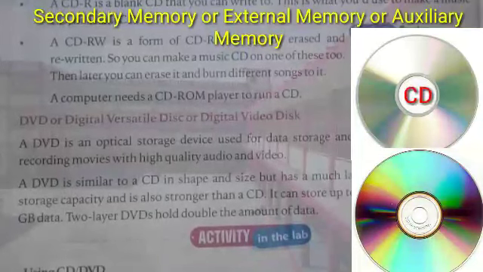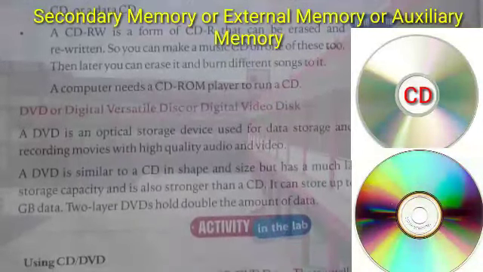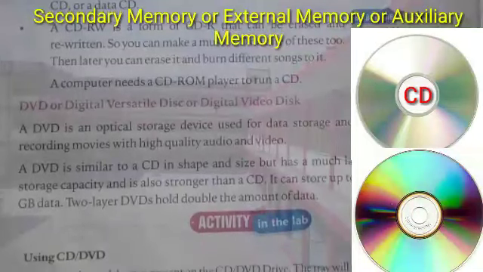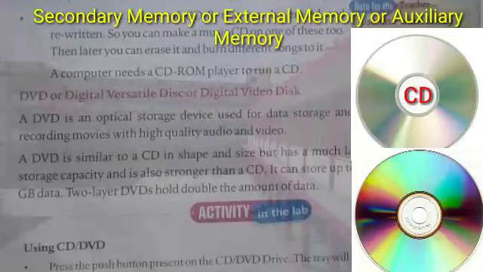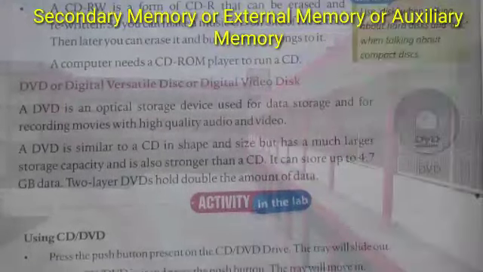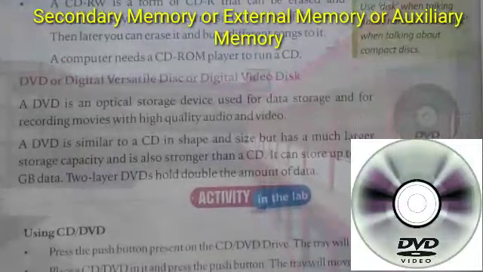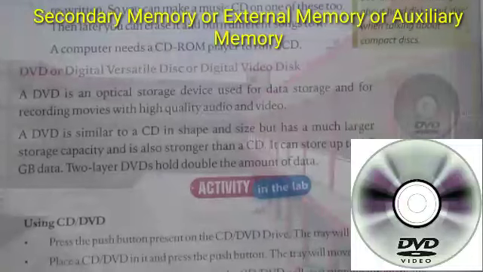So you can make a music CD on one of these, then later you can erase it and burn different songs to it. A computer needs a CD-ROM player to run a CD.